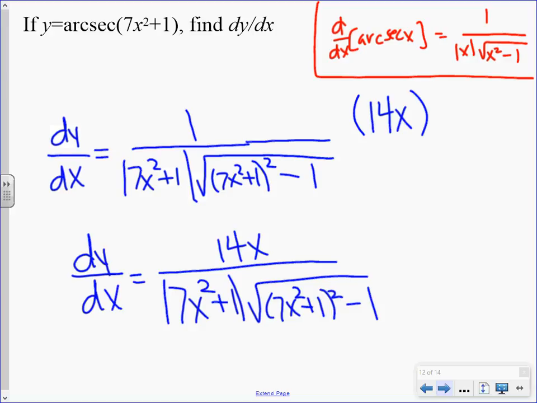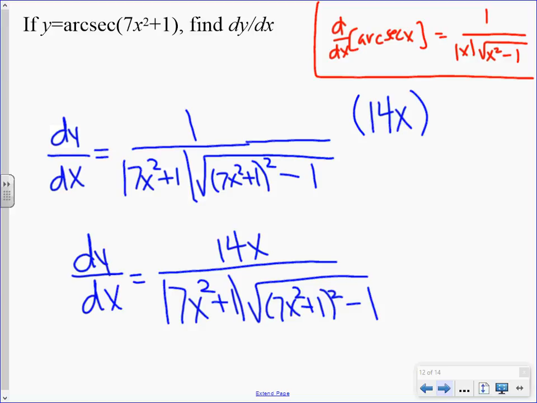That is a waste of your time. Okay? Also, since 7x squared plus 1 is always positive, you wouldn't necessarily need to keep the absolute values there. You could treat them as parentheses, but it's better to be just safe and keep them there.